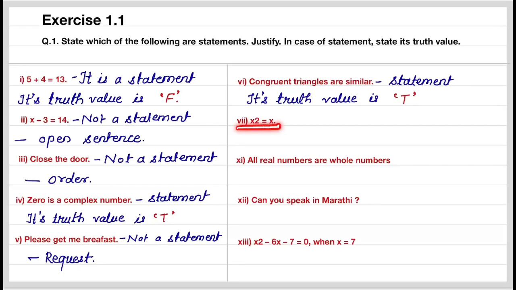Here question number 7. X square is equal to X. How is this sentence? It is an open sentence, and we know open sentence is not a statement.